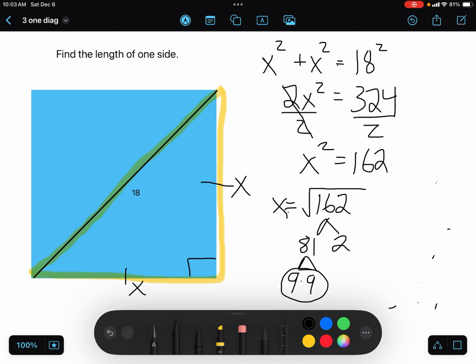There is a pair. So x is 9 times the square root of 2, which is what we got on the previous slide. So if you don't remember the special right triangle rules, or if you haven't had that yet, you can also solve this problem using the Pythagorean theorem.